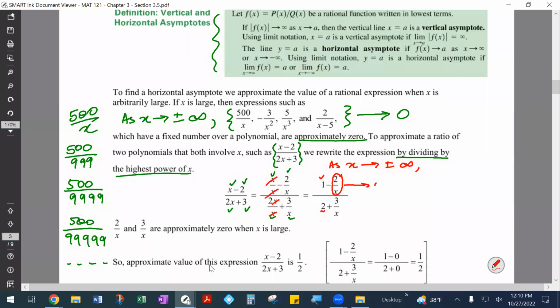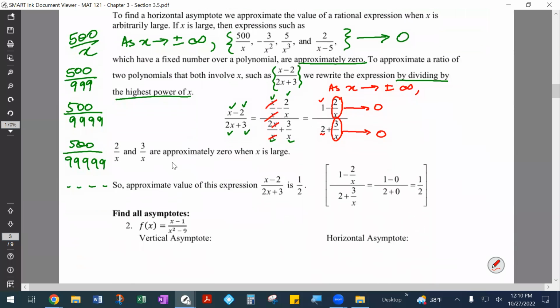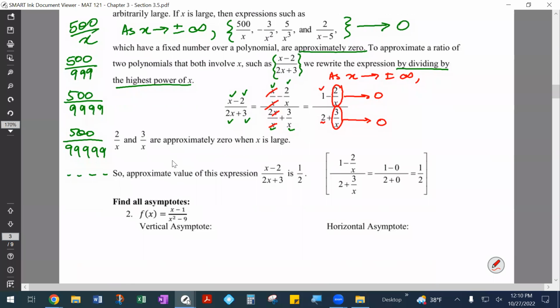So he starts getting closer to 0. Same thing's going to happen with 3 over x. He is going to start getting closer to 0. So those expressions will actually end up becoming zeros, just leaving you with 1 minus 0 divided by 2 plus 0, which of course then simplifies to 1/2.